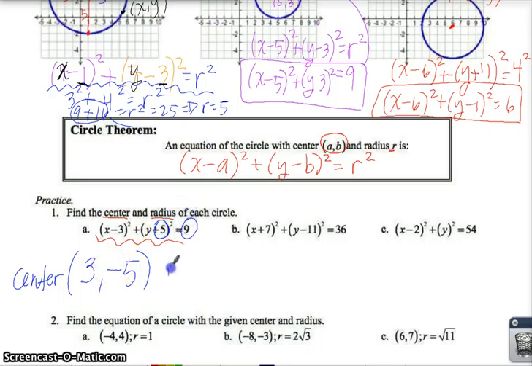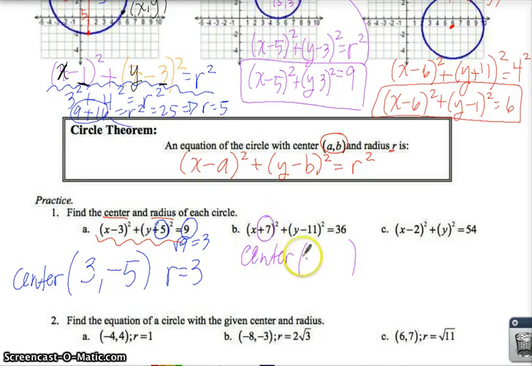And then is 9 the radius? Nope. 9 is the radius squared. So therefore the radius is the square root of 9, which is 3. Let's try the second one. The center, we don't want a plus sign, we want it to be a minus.